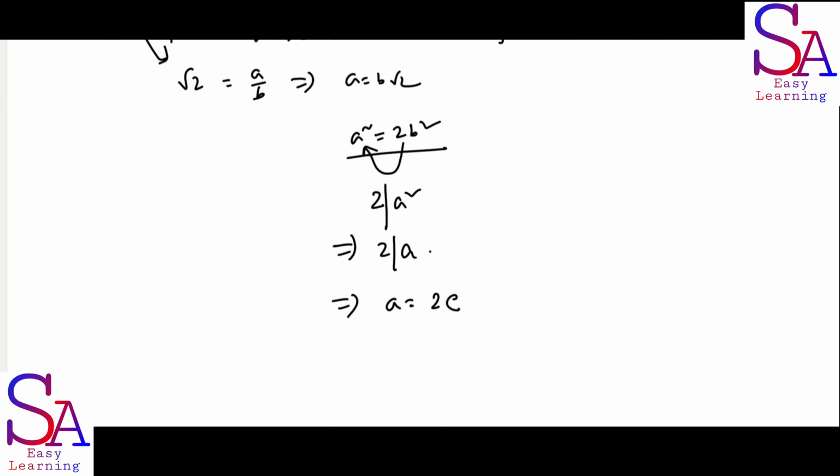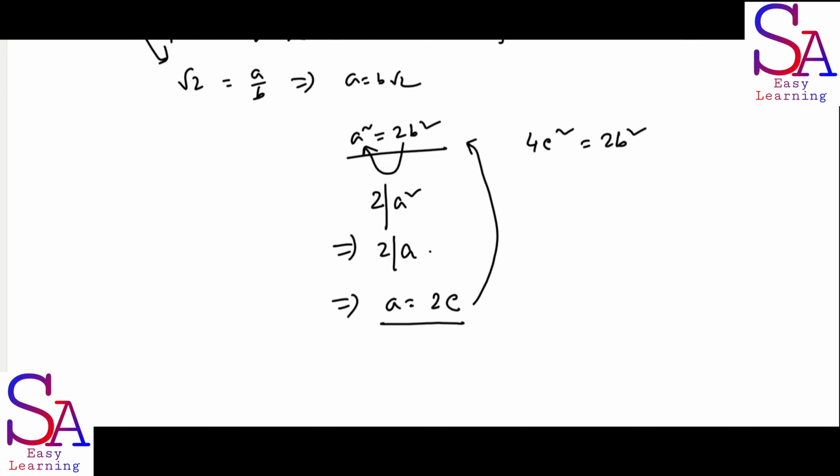Now a equals 2c. We substitute a equal to 2c in a square. So 2c whole square, that is 4c square, equals 2b square.